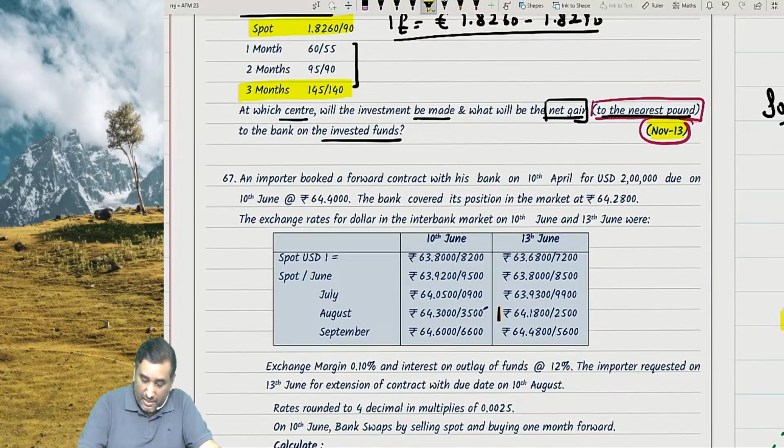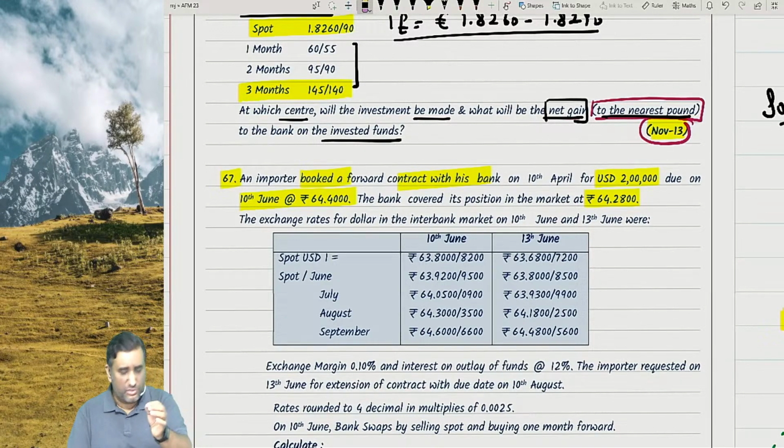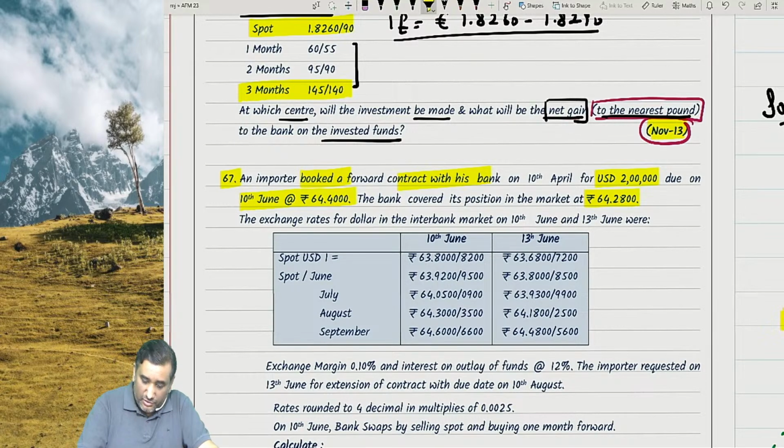It says an importer booked a forward contract with the bank on 10th April for USD 2 lakh due on 10th June at 64.400. That means the importer made an agreement to buy, and the bank covered its position at 64.2800. That means you came to me and said you'll buy from me at 64.400. I have done the agreement in the interbank market to buy at 64.2800. What date? 10th June.